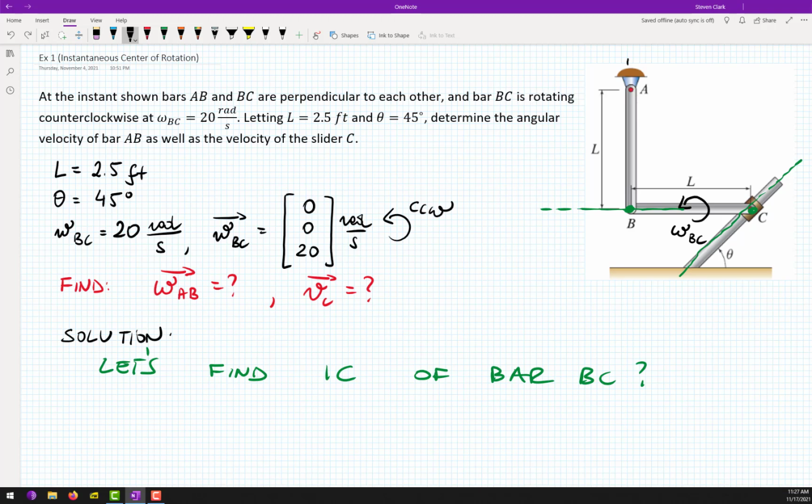This is a horizontal line, sorry, a perpendicular line, and this is another perpendicular line. Okay, that was tough to draw, but okay. It seems like they intersect at point A. So A is our IC of bar BC.